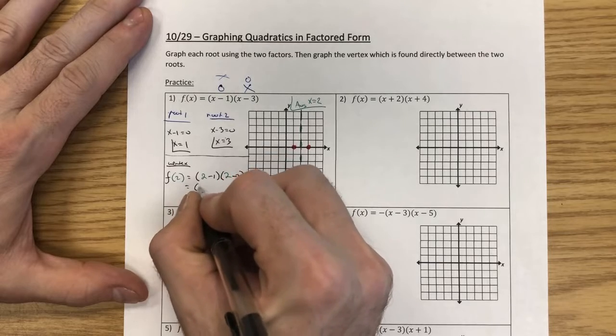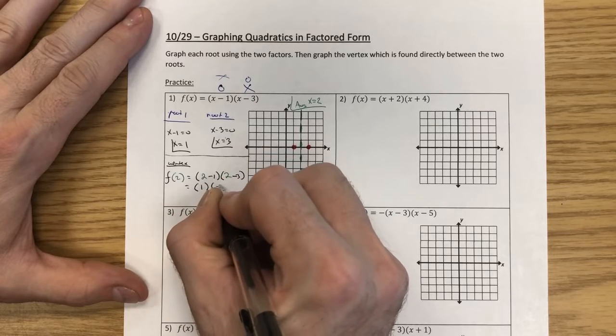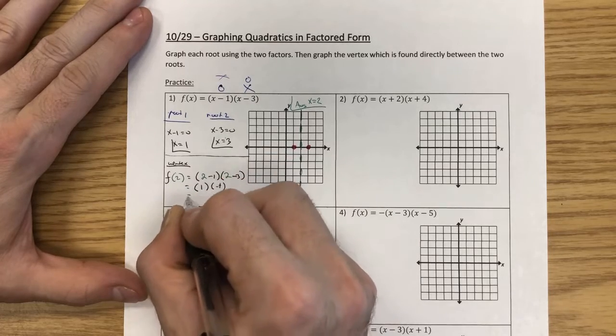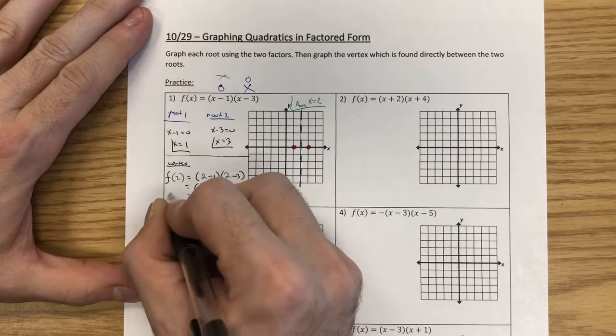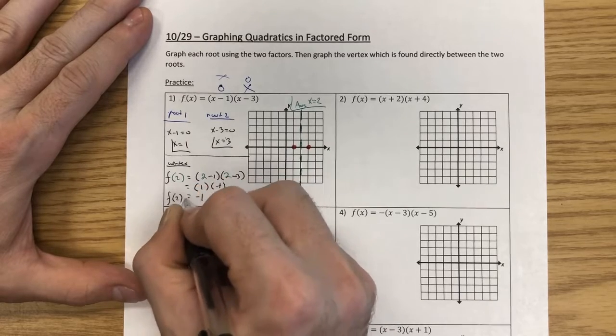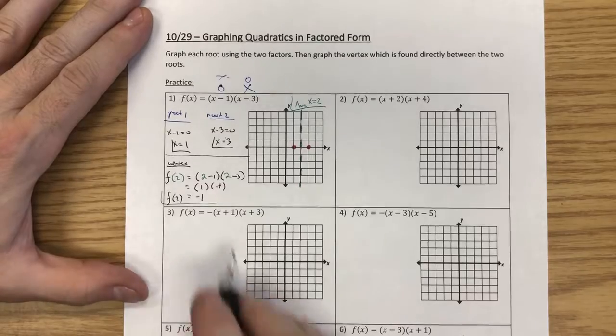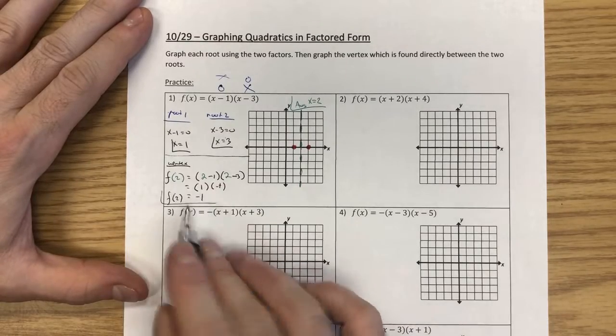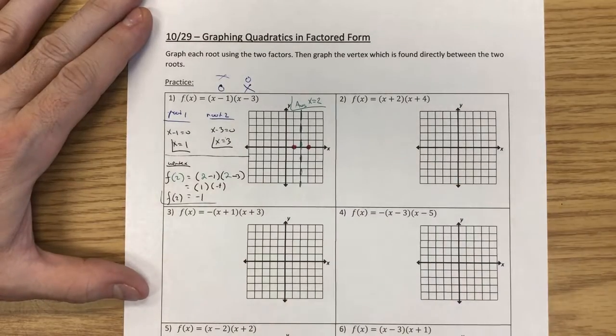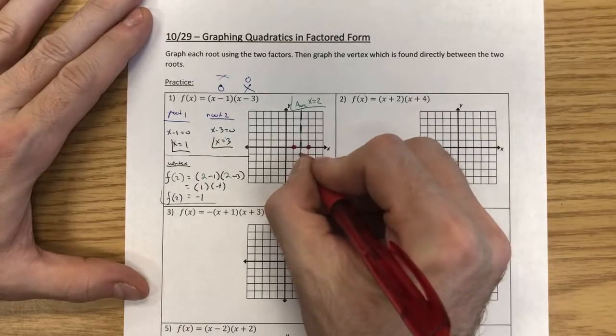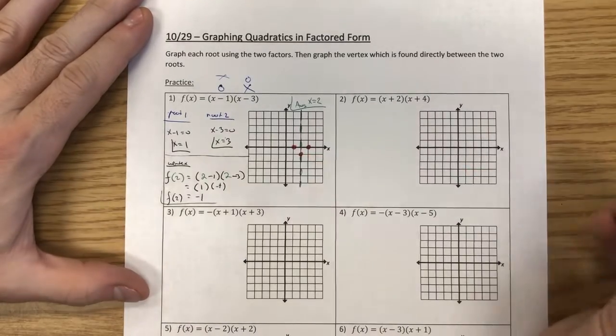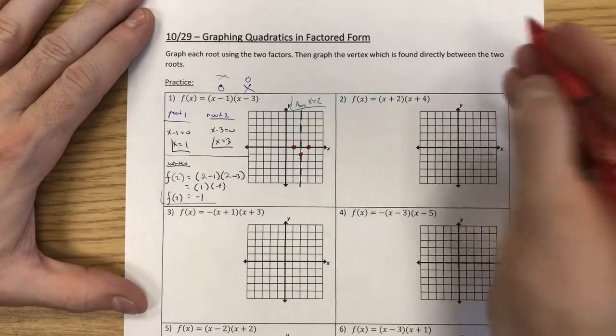So 2 minus 1 is going to give me a 1. 2 minus 3 is negative 1. 1 times negative 1 is negative 1. So my vertex is at 2, negative 1. Boom. So I have my graph.